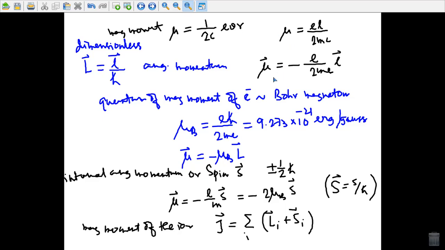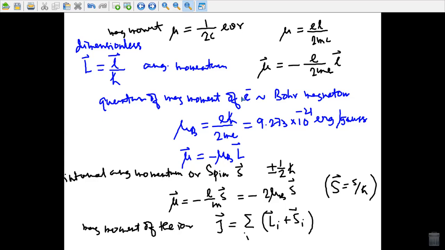In quantum theory, the angular momentum of the electron, or in fact of any other particle, is quantized and can take on values which are integer multiples of the fundamental quantum of angular momentum h cut, that is h upon 2 pi, and the value of Planck's constant is 6.6 times 10 to the power minus 27 erg second, or 10 to the power minus 34 joule second.